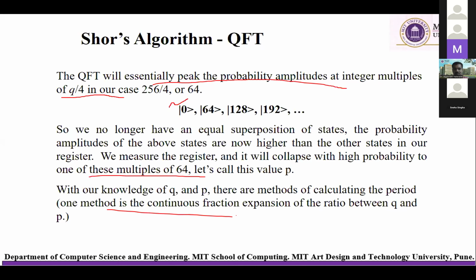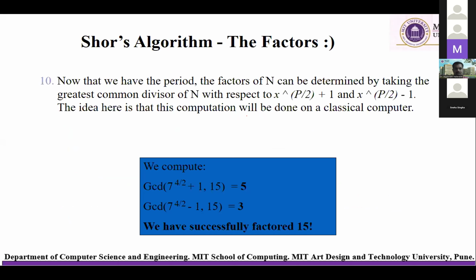One method is the continued fraction expansion of the ratio between Q and P. Now we have the period. The factors of n can be determined by taking the GCD of n with x raised to p by 2 plus 1 and x raised to p by 2 minus 1. The idea here is that this computation will be done on a classical computer.